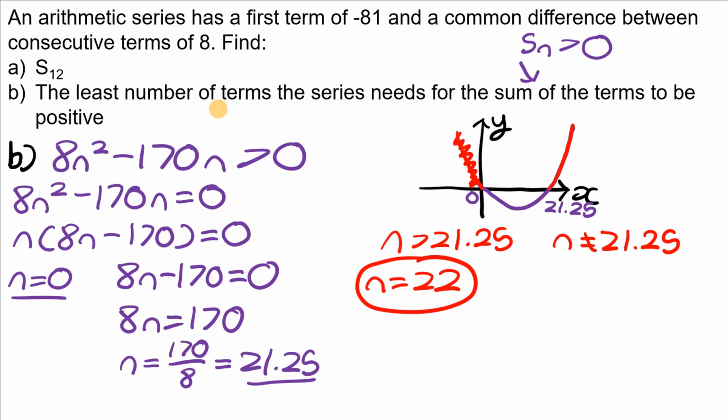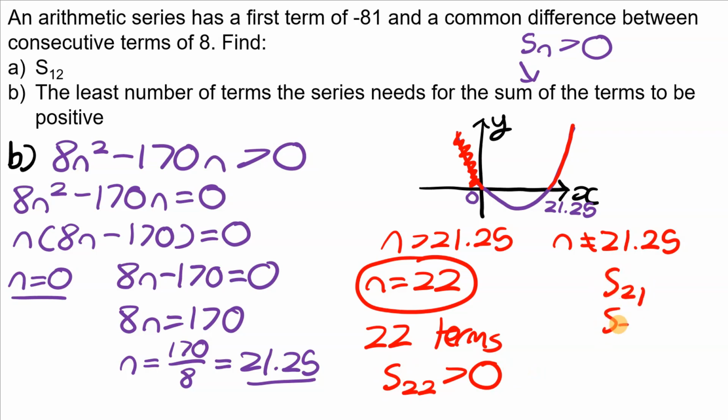So the least number of terms the series needs for the sum of the terms to be positive is 22 terms. S22 is bigger than 0. Anything less than this, so S21 or S20, etc., will be negative. S22 is the first sum of the terms where it's a positive number.